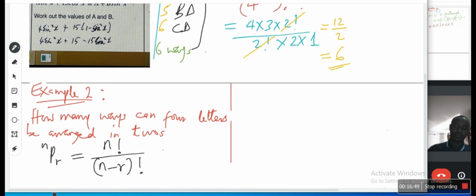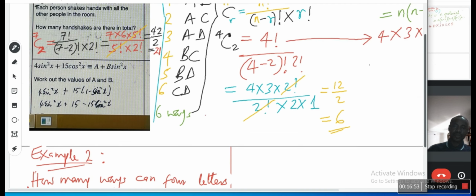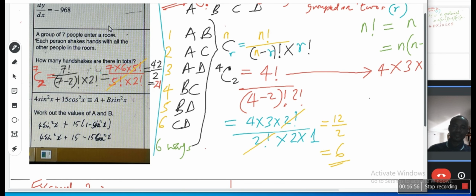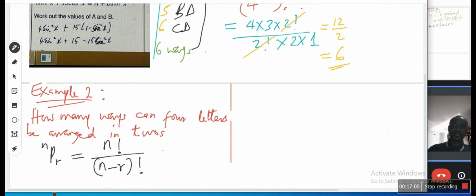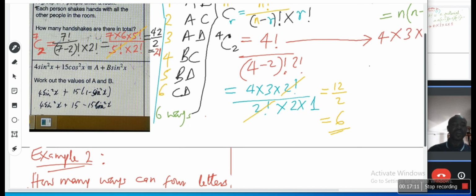No, sir, I've seen this nCr on my calculator. It should be in the calculator, especially. Yes, it should be in that calculator you're using. You even see the one for factorial. So if you press n, combination, 2 on your calculator, it will just give you the answer directly.